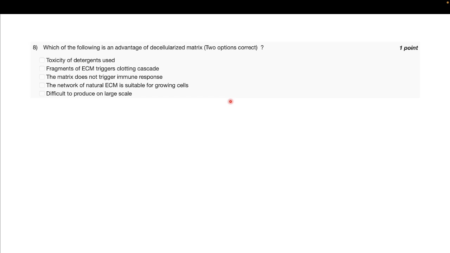So the next question is, which of the following is an advantage of decellularized matrix? We have to select two correct options. Let me know if you know the answer, or else we'll discuss.